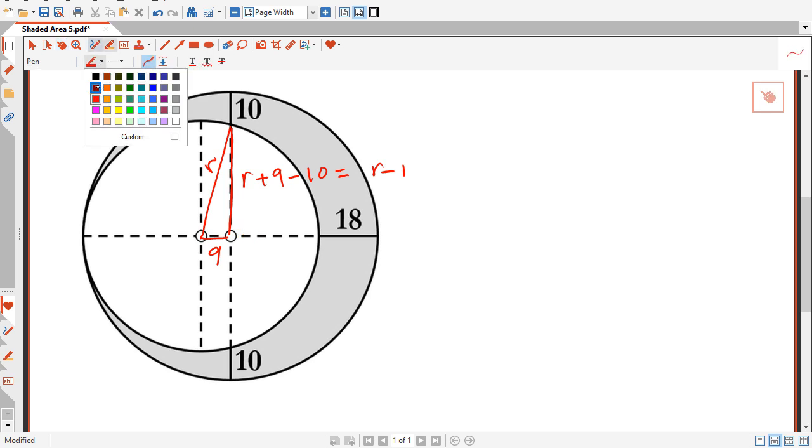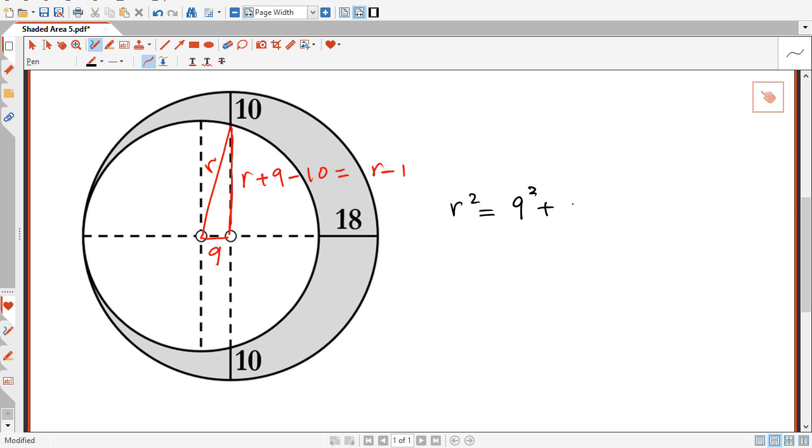And let me switch to the black color. Okay, so r squared is going to be equal to 9 squared plus r minus 1 squared. Okay, so r squared is going to be equal to 81 plus r squared minus twice r plus 1.